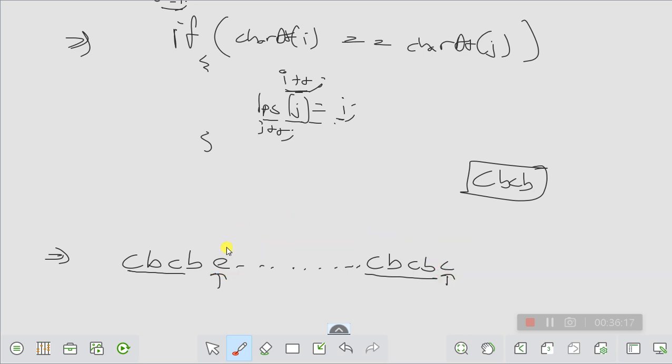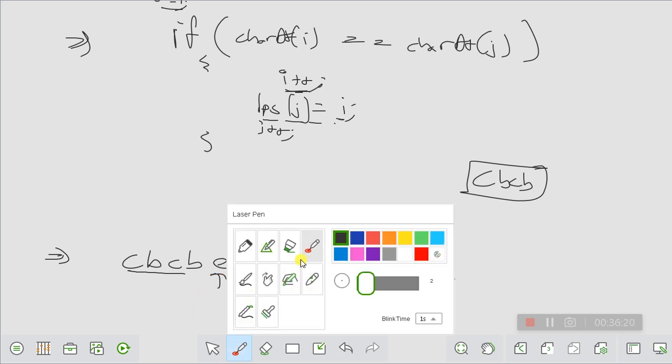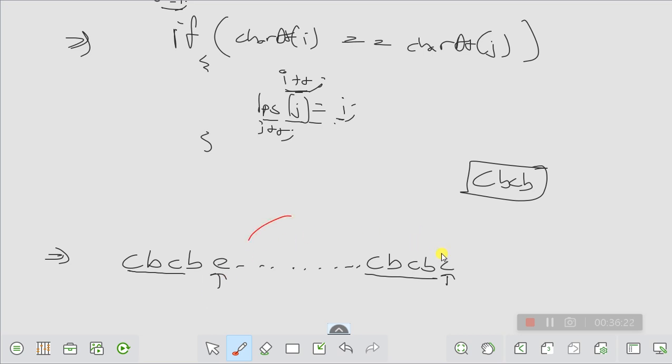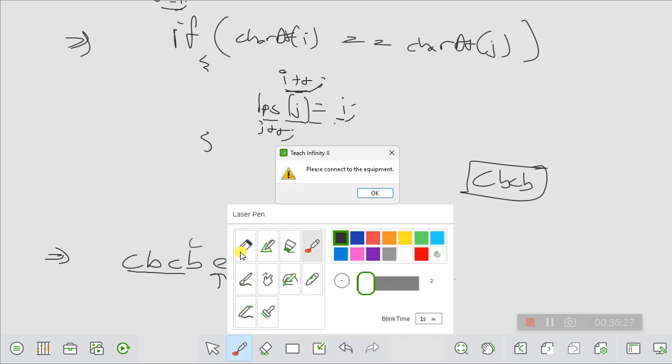These are not matching. So what I'm going to do is I'm going to ask from this length minus 1 what is the longest prefix suffix that you have.